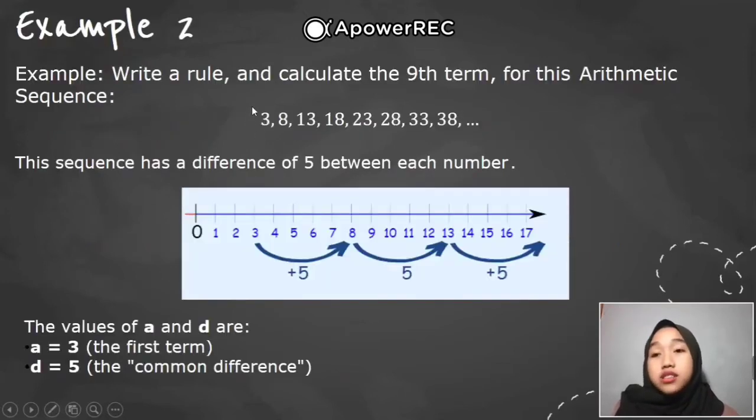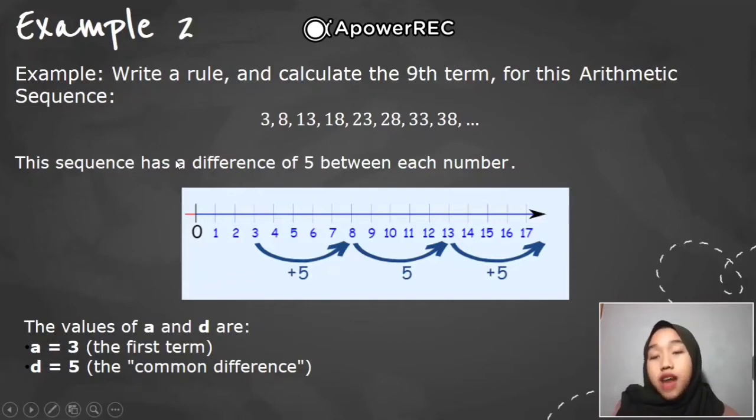Now, the second example. Write a rule and calculate the ninth term for the arithmetic sequence 3, 8, 13, 18, 23, 28, 33, and 38.